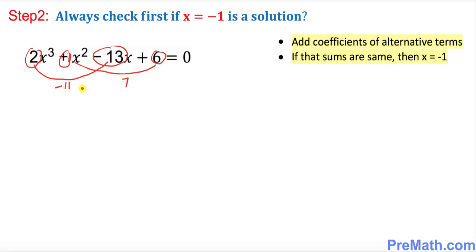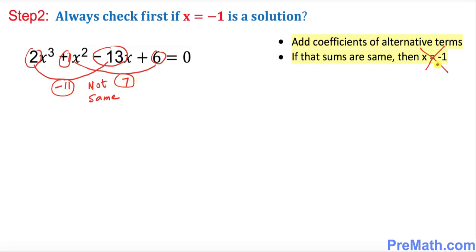Are these numbers the same? They are not the same. If these two numbers are not the same, that means x is not equal to negative 1. x equals negative 1 is a solution only if these two numbers are the same.